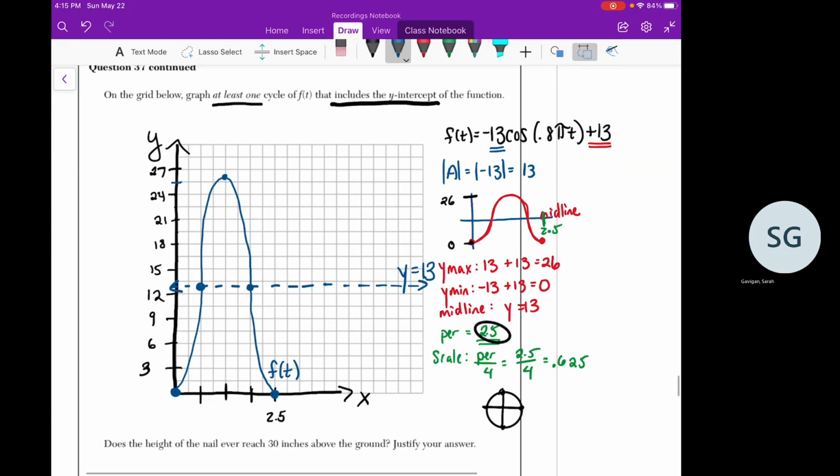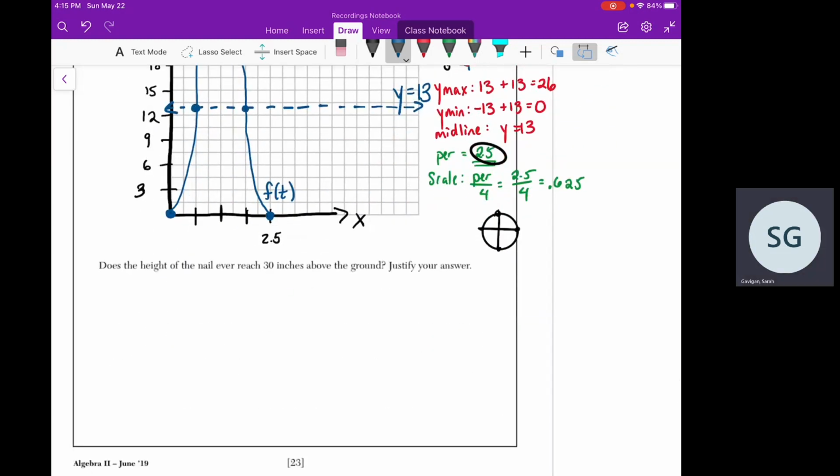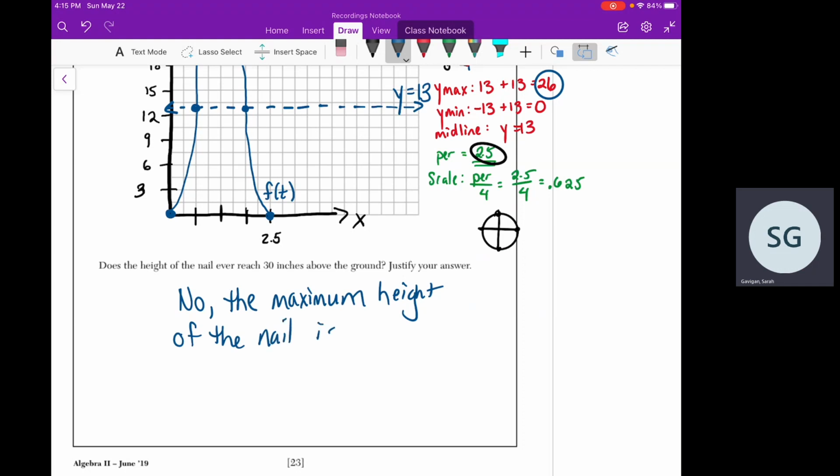Now, does the height of the nail ever reach 30 inches above the ground? No, it doesn't. How do I know that? Because I know that the maximum height of the nail is 26 inches.